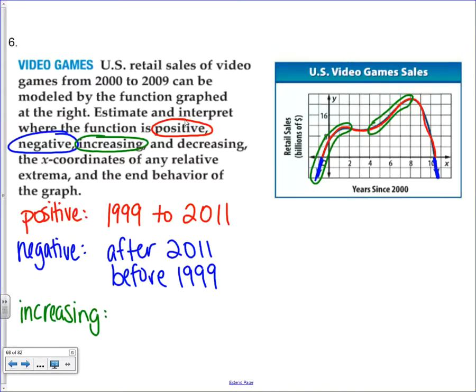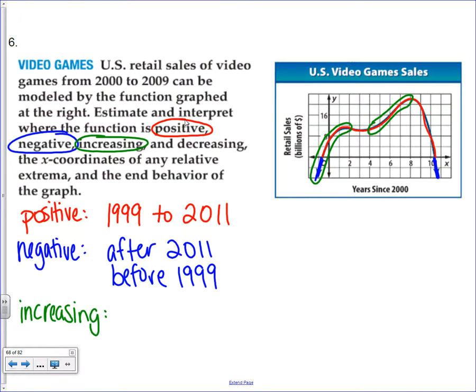How would you describe this first green circle? Gotta speak up, I can't hear you. Well, is it just 1999 or does this thing keep going? I know, but I'm asking, what about 98? Would it still be going up at 98? Yeah, 95?